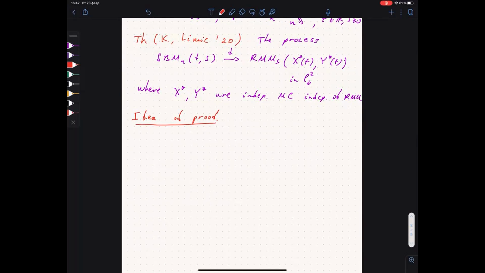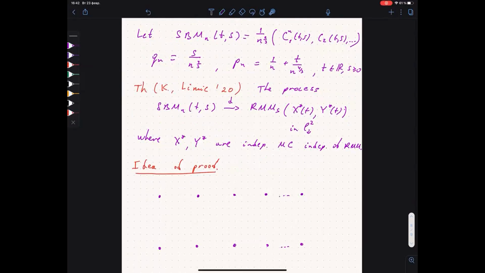Let's come back to the stochastic block model and draw a picture. We have the vertices of one block, n of them, and also from the other block. That vector we rescale by a constant.